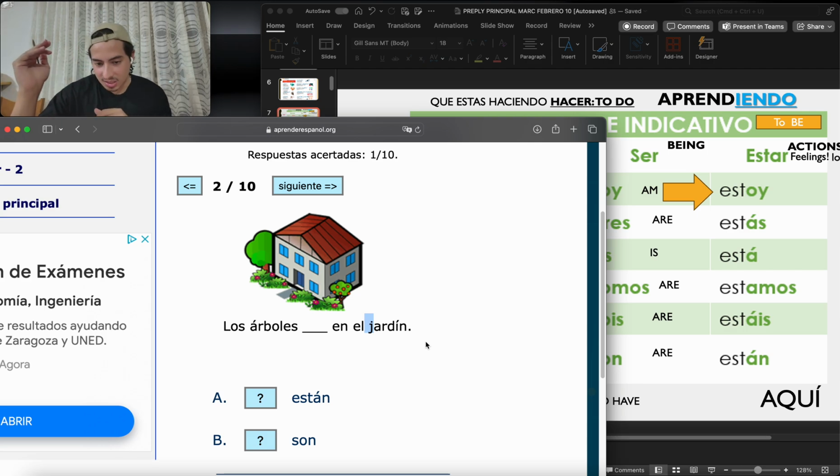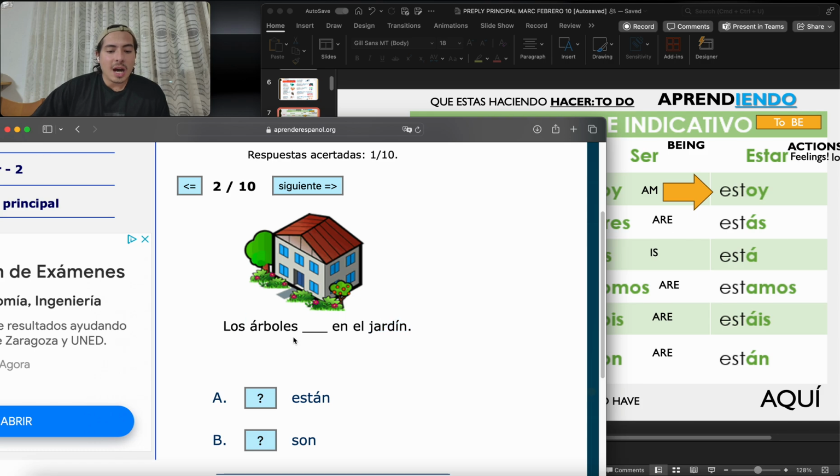You don't say jardín with a J sound, you say jardín. And if you want to have a real good Spanish accent, this H comes from your throat. Jardín, because this comes from the Arabic. We used to have a lot of Arabic influence, so that's why jardín sounds a little bit like you're going to spit, no? Jardín.